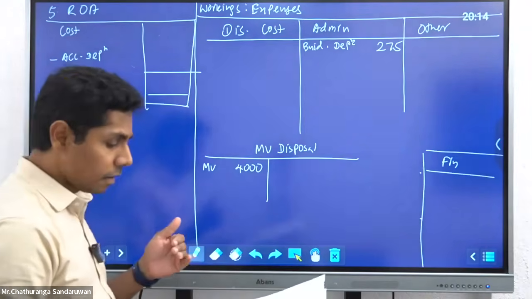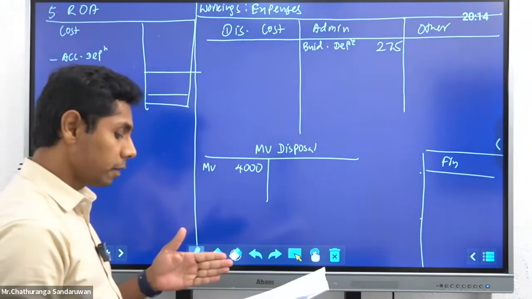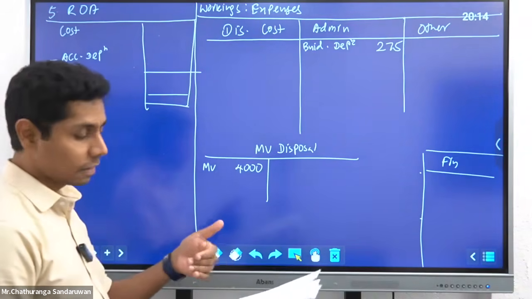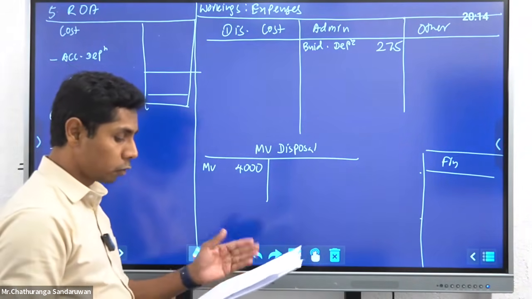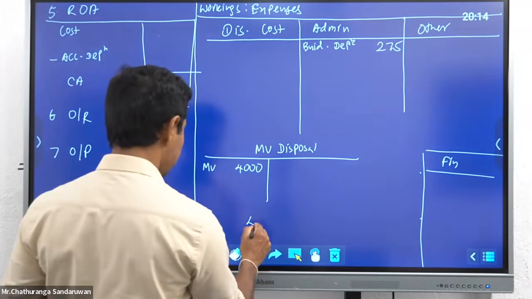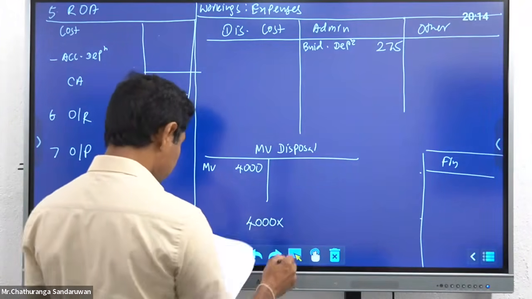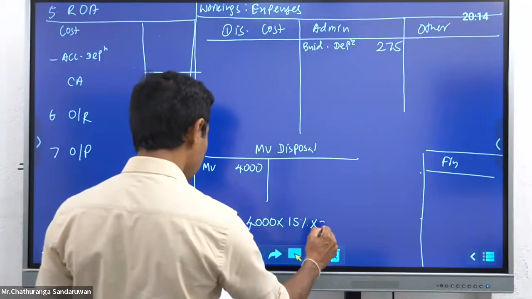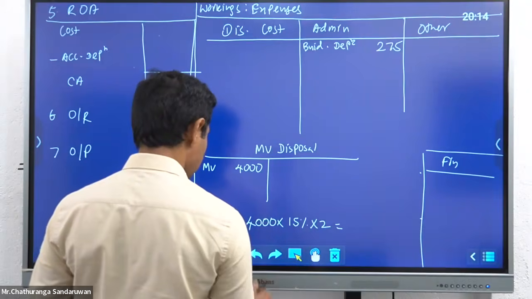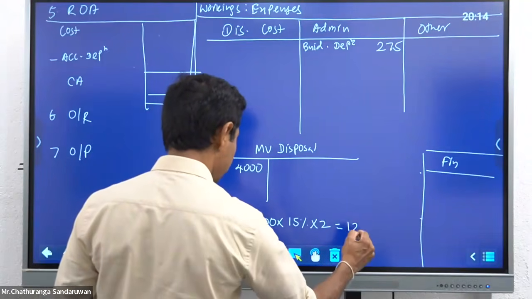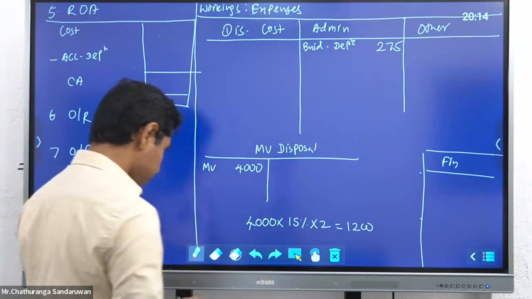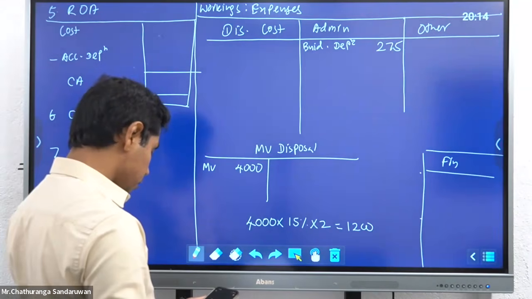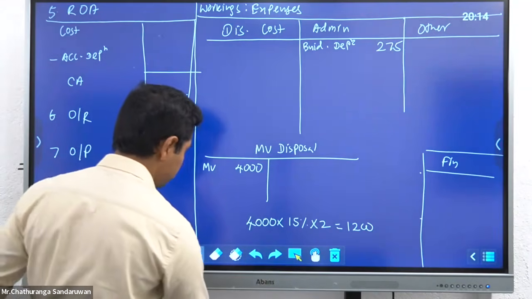Accumulated depreciation: this had been purchased on 1st April 2023 and sold on 1st April 2025, exactly after 2 years, right? So 4 million into depreciation rate of motor vehicles 15%, that into 2 years. 600 is 1,200. Check your answer: 4,000 into 15% into 2, yeah, 1,200.